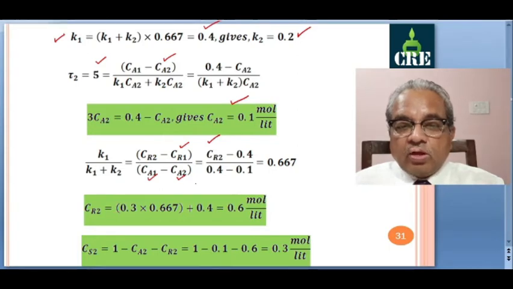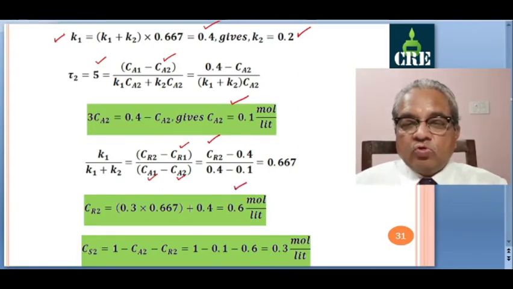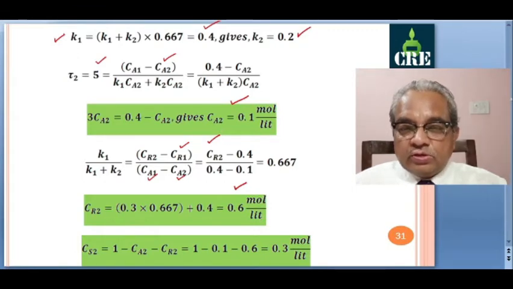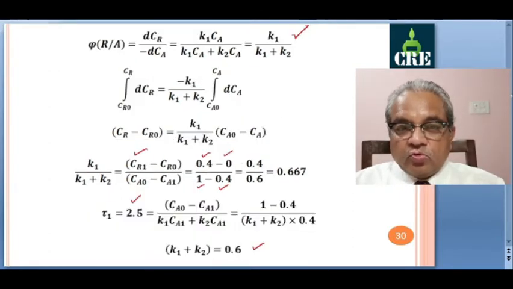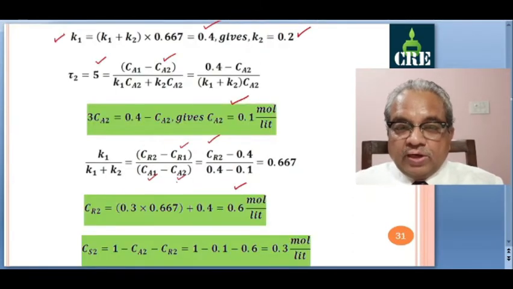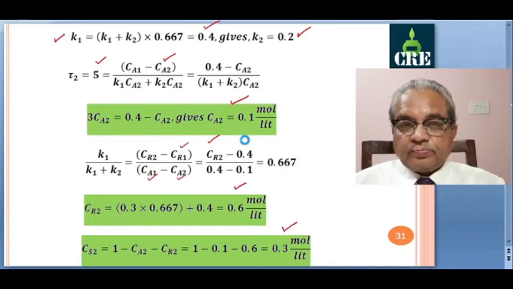If you solve this, you get Cr2 is 0.6 moles per liter. So we know Ca2, we know Cr2. Cs2 can be found out by difference: Ca0 minus Ca2 minus Cr2. Ca0 is 1, so 1 minus these values gives you 0.3. Total will be 1.